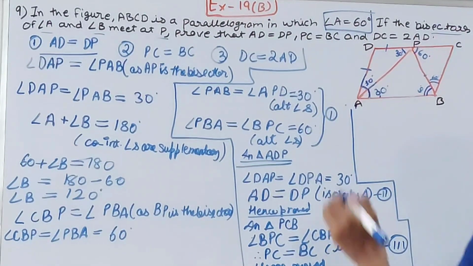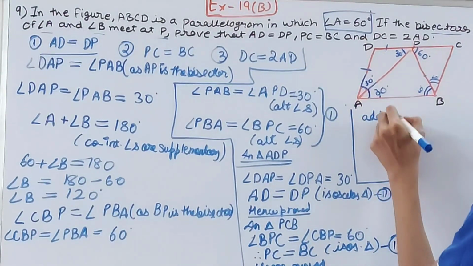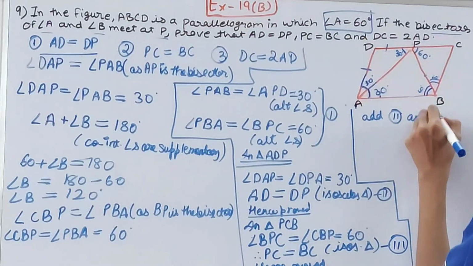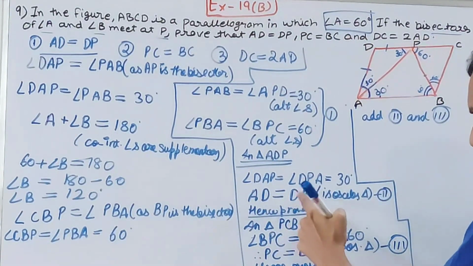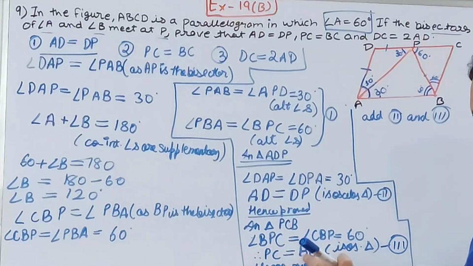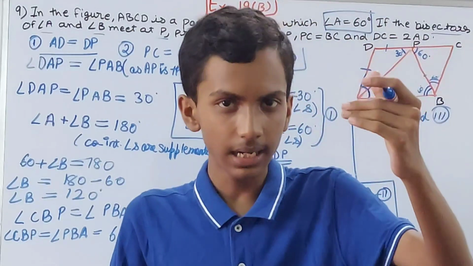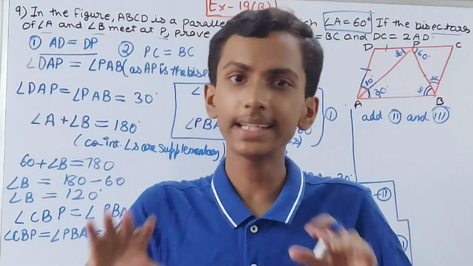Now the last part we will be proving in such a way that we will add the second information that we've got and the third. AD equal to DP plus PC equal to BC. AD plus BC and DP plus BC. You will be adding the left hand side elements and then the ones on the right hand side separately.